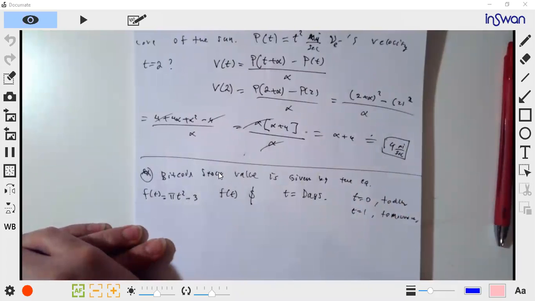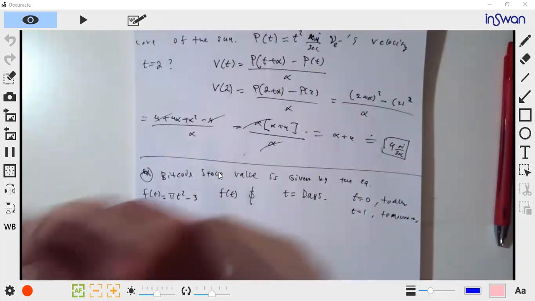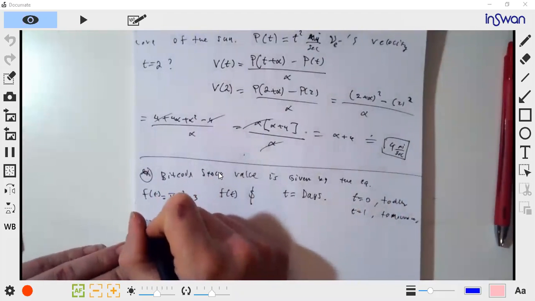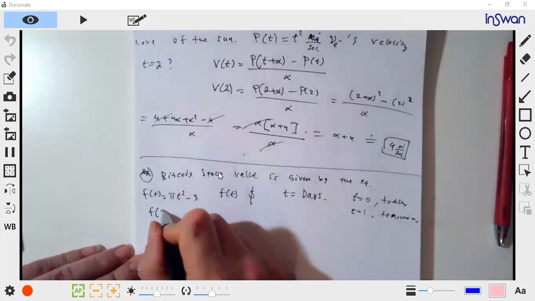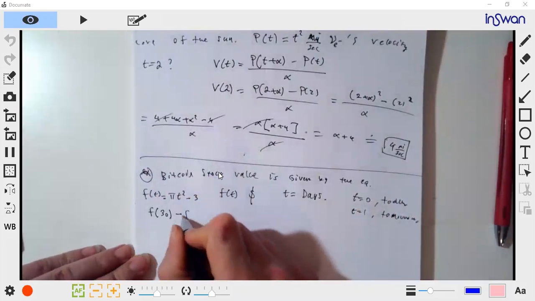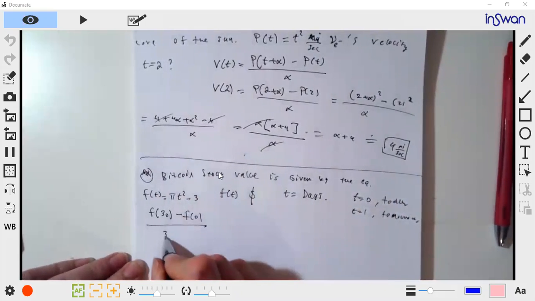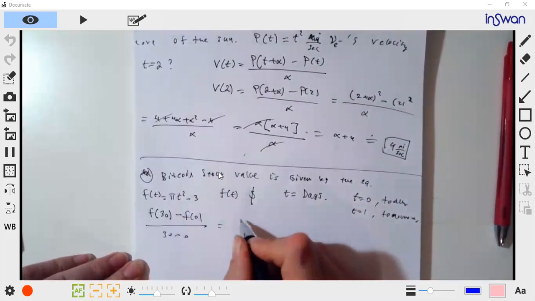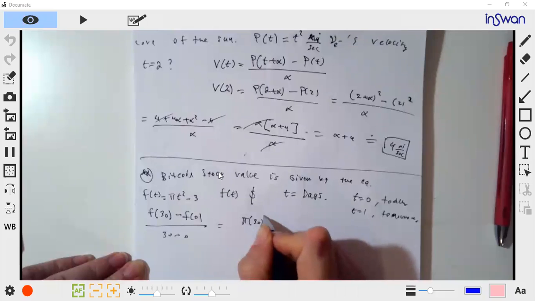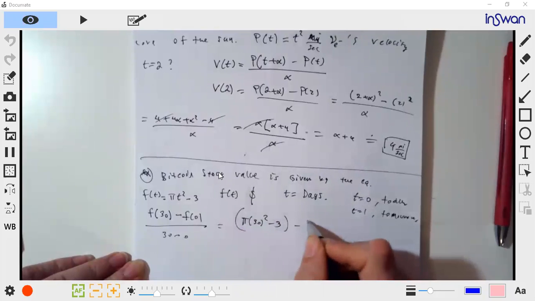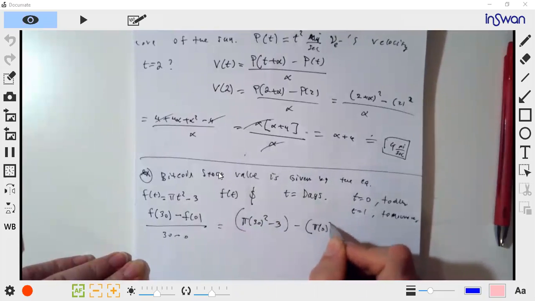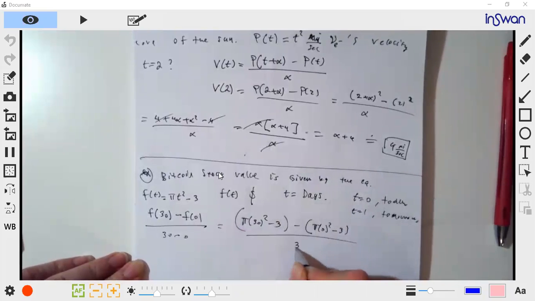So here's a question. How fast is the price changing in 30 days compared to now? That is the average rate of change. So that question is f of 30 minus f of now, all over 30 minus now. So that's pi times 30 squared minus 3, minus pi times 0 squared minus 3, all over 30.